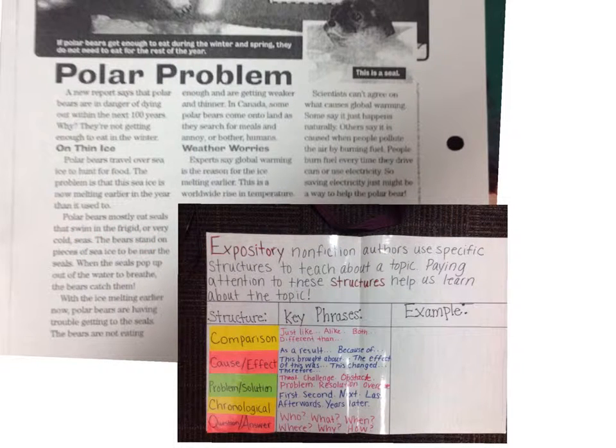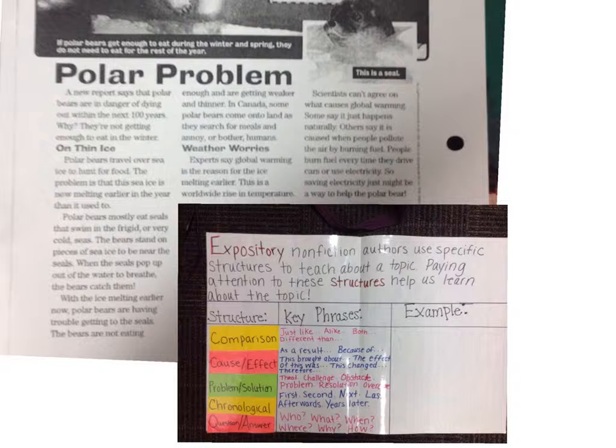The bears stand on pieces of sea ice to be near the seals. When the seals pop up out of the water to breathe, the bears catch them. With the ice melting earlier now, polar bears are having trouble getting to the seals. The bears are not eating enough and are getting weaker and thinner. In Canada, some polar bears come onto land as they search for meals and annoy or bother humans.